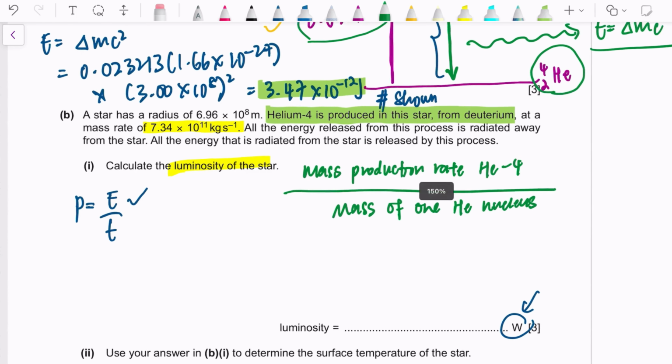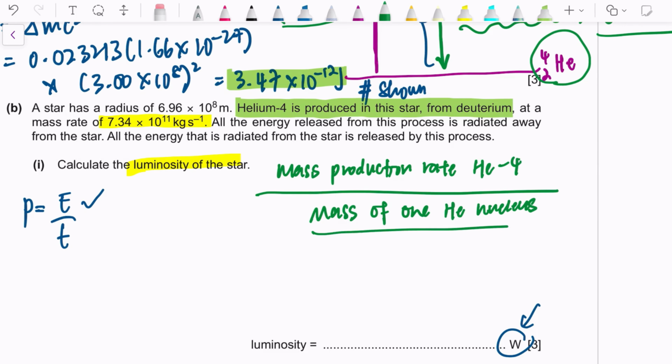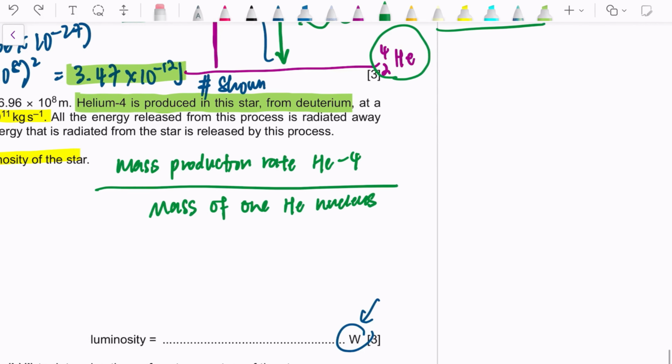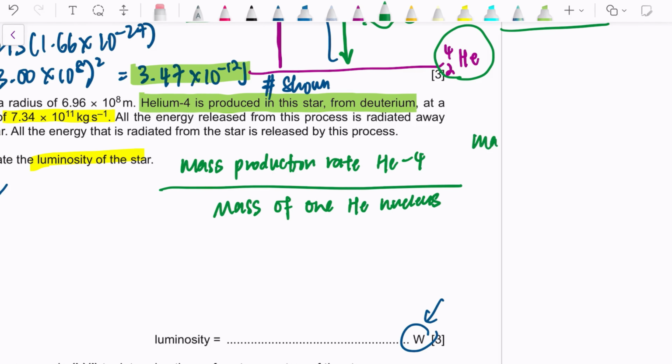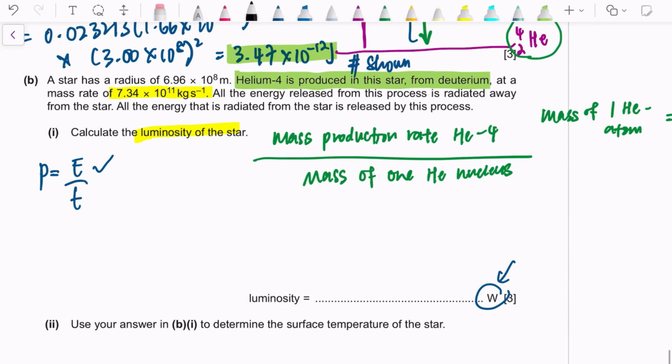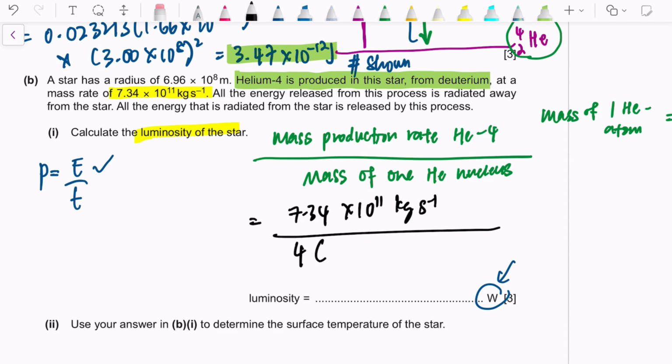So how do we find the mass of one helium nucleus? We know the mass of one helium atom is 4u. So what we do here is take 7.34 times 10 to the power of 11 kilograms per second, divide by 4u, which is the mass of one helium atom.